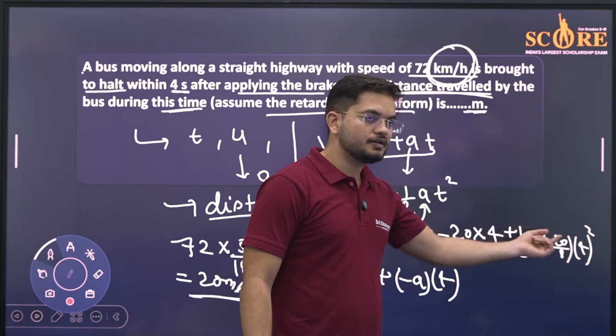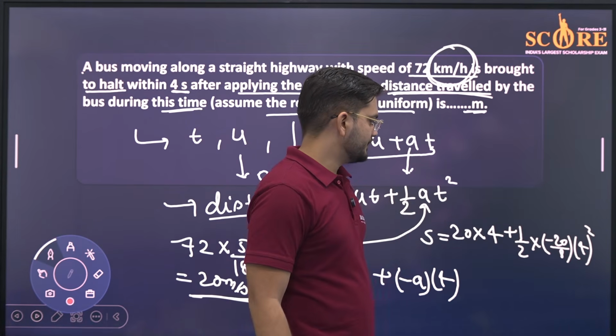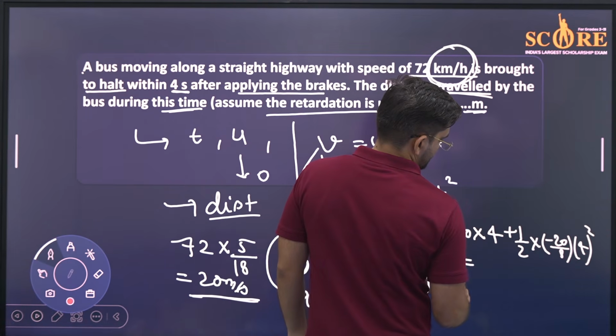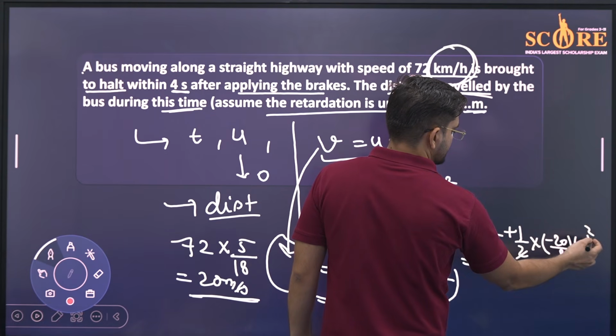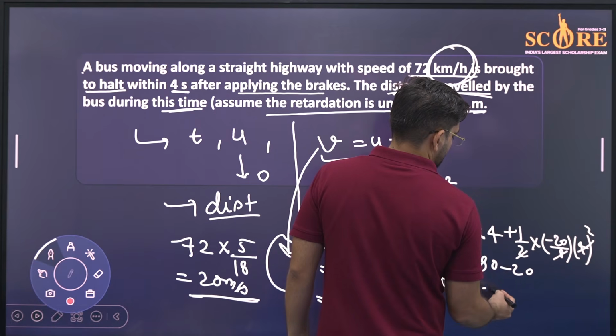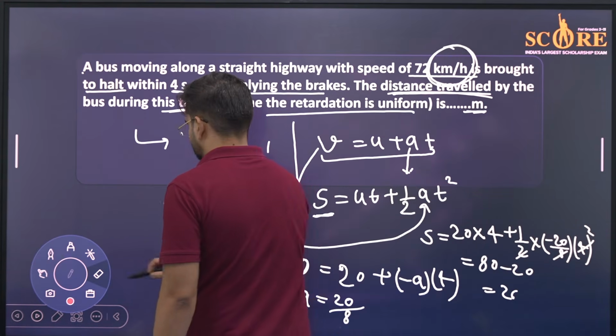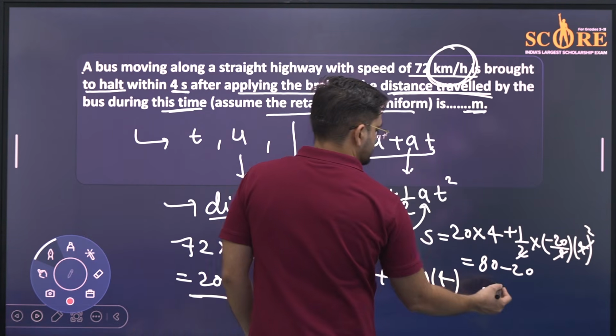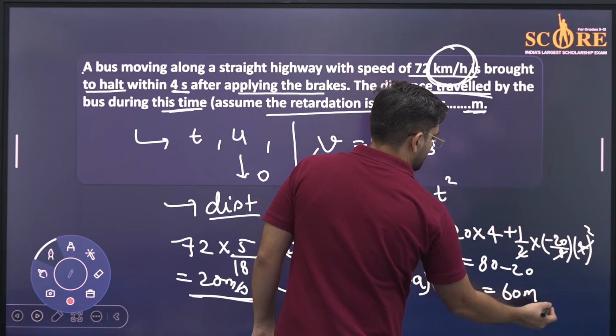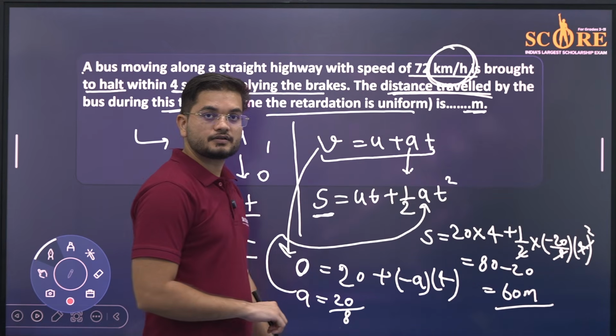We can calculate this equation easily. What will be the result? 80 minus 20. The distance travelled by the bus will be 60 meter. Clear?